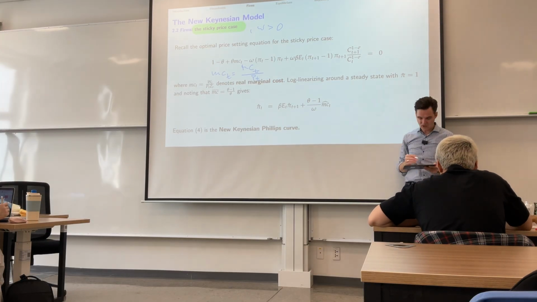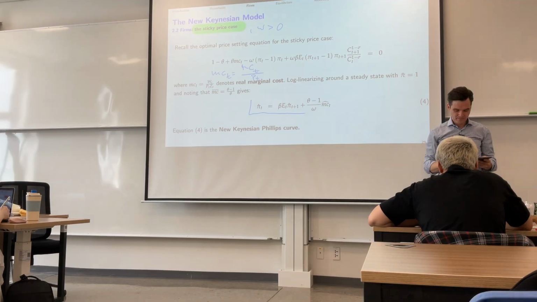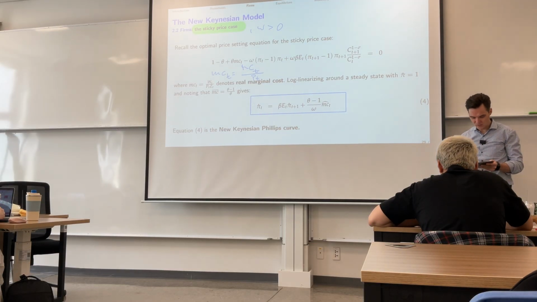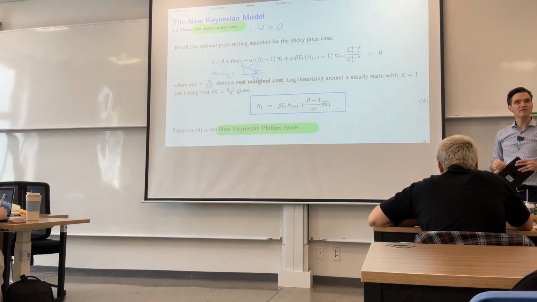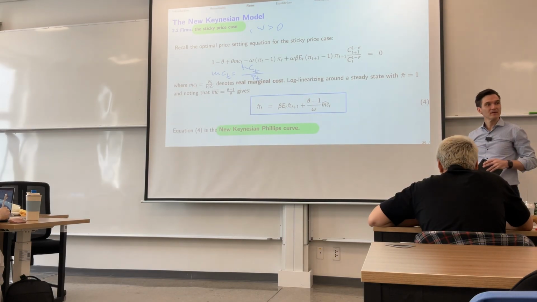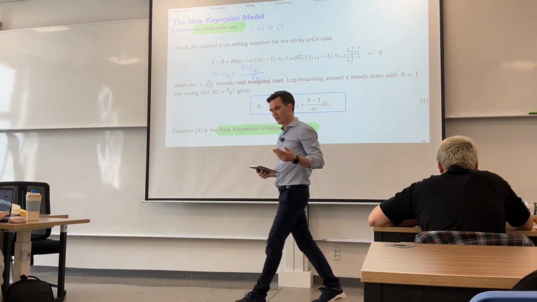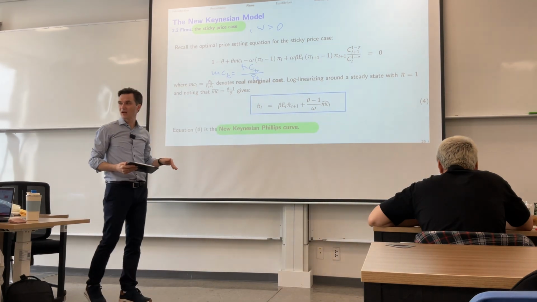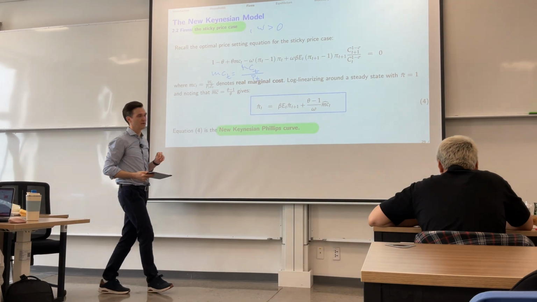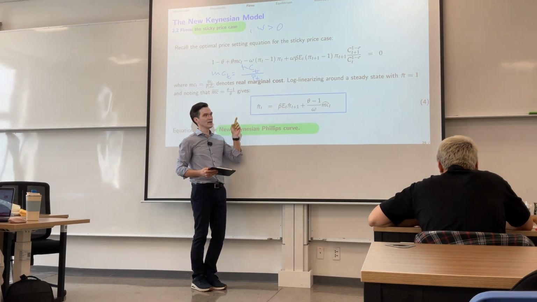It becomes this equation, which is a famous equation. So this equation is what's called the New Keynesian Phillips curve. Here we go. This is the first equation from the 3 equations we discussed, with the one little thing. So what does this equation tell us intuitively?